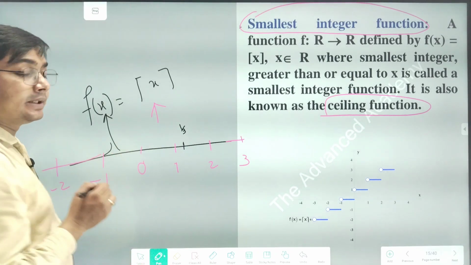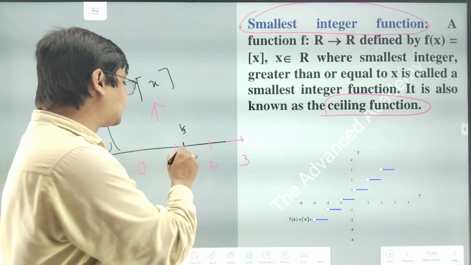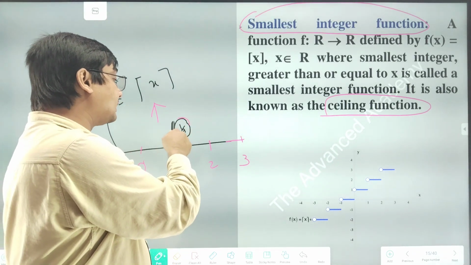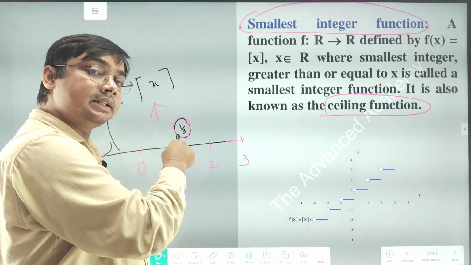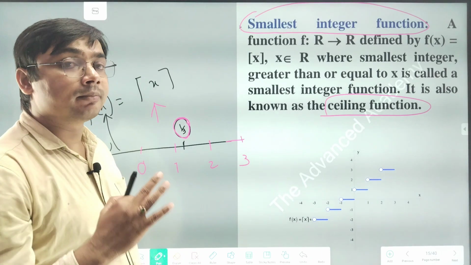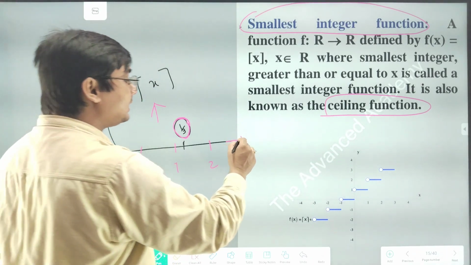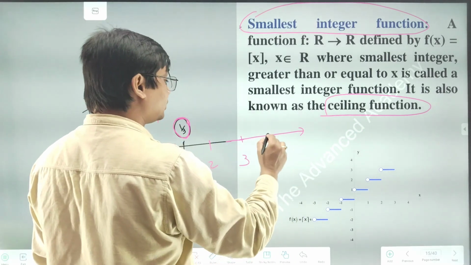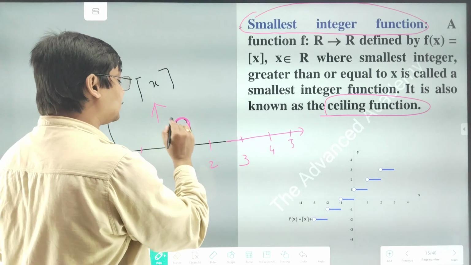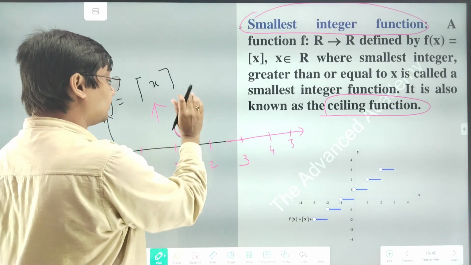Then this function will give the integer number which is greater than this, which is just greater than 1.3. You see, many integers will be there like 2 3 4 5, all are greater than this, sorry, this is 1.3, not 1/3.